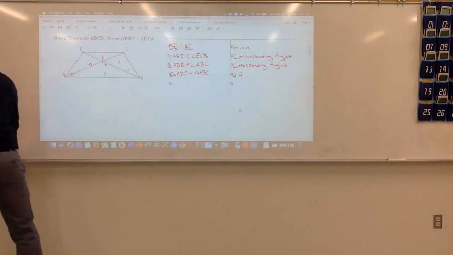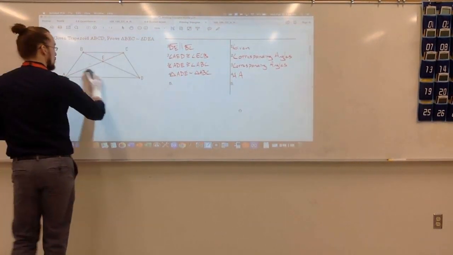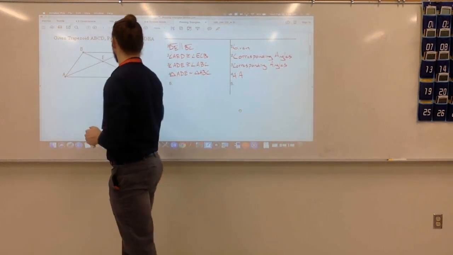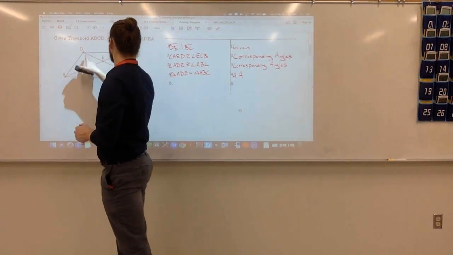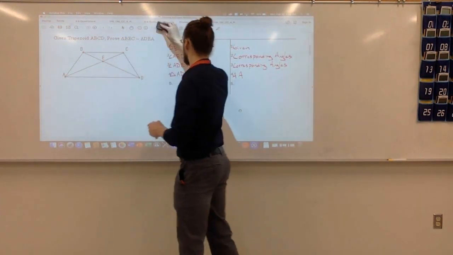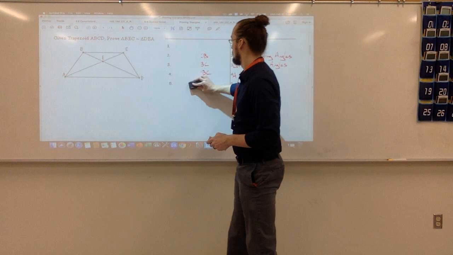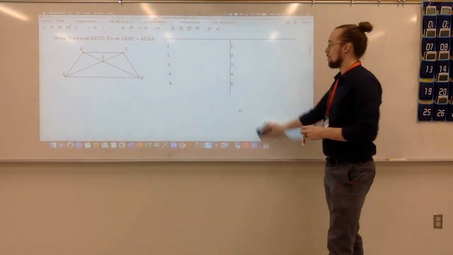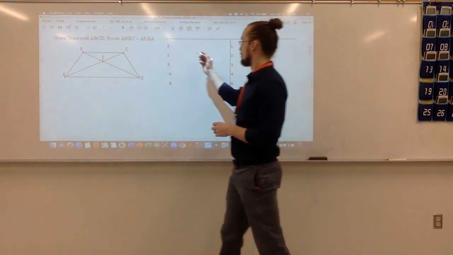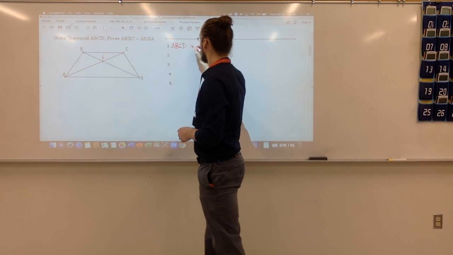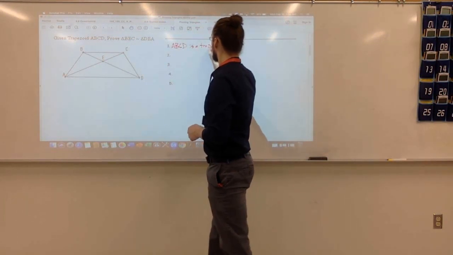So on this one, we're given a trapezoid. We want to prove that triangle BEC is similar to DEA. So these triangles on the top and the bottom. So first, we know ABCD is the trapezoid.